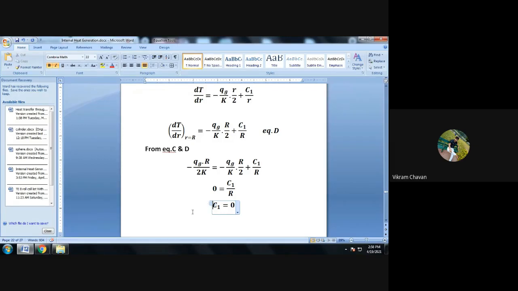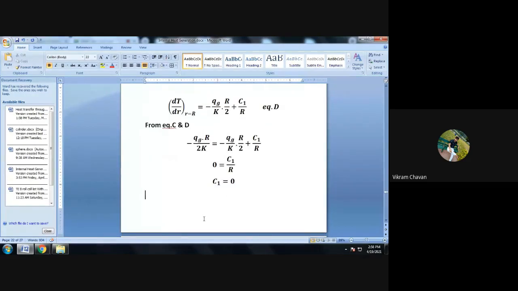From boundary condition number 1, we have derived the first constant, C1, and we get the value of C1 is equal to 0 directly.